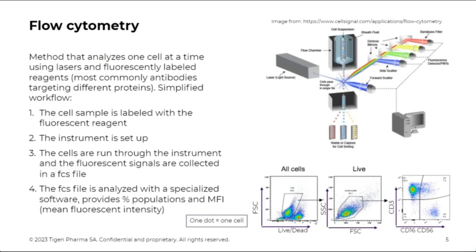So flow cytometry is a method that is very important in the T-cell therapy space. It's a method that analyzes one cell at a time, and it uses lasers and fluorescently labeled reagents. Most commonly, it's antibodies that are labeled with a fluorophore, with the antibodies targeting different proteins on the cells.